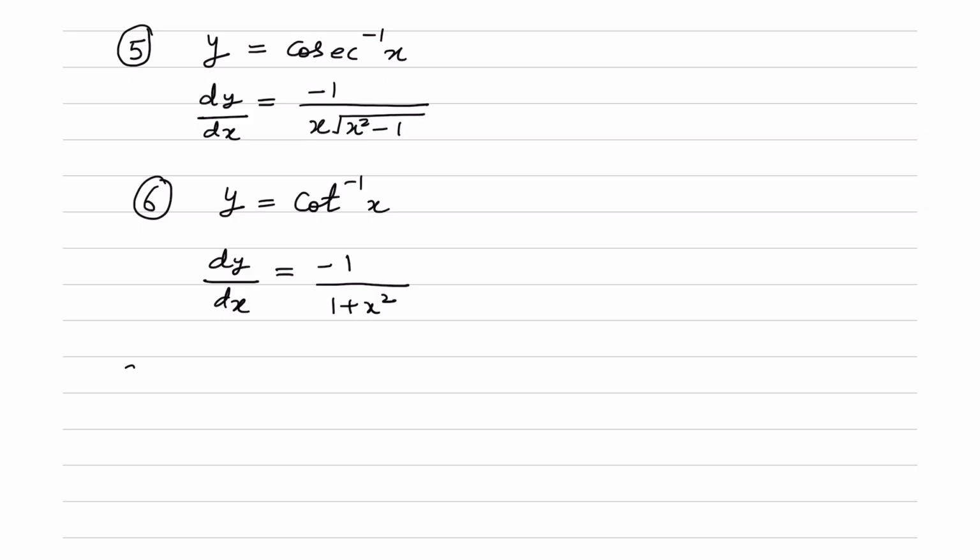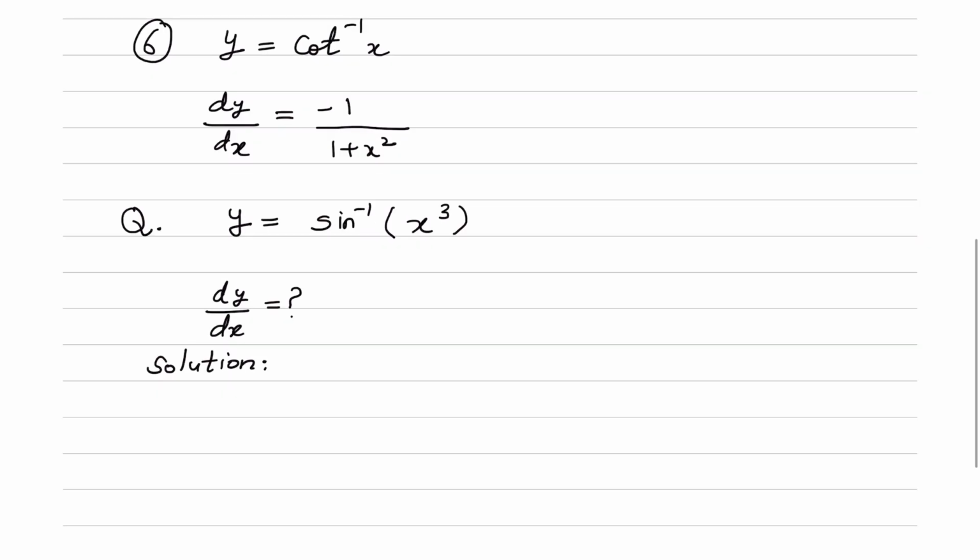First, we have to find the derivative of y is equal to sine inverse x cube, that is, we have to find dy by dx. We know that if the function is y equal to sine inverse x, then its derivative is 1 over square root of 1 minus the angle square.